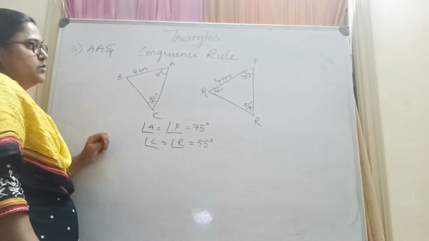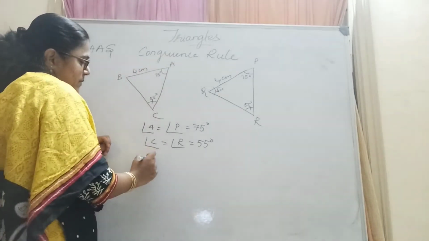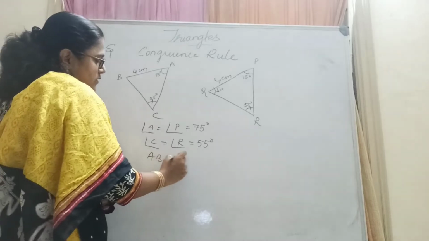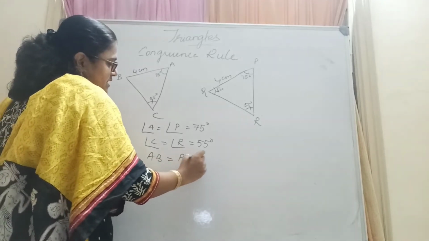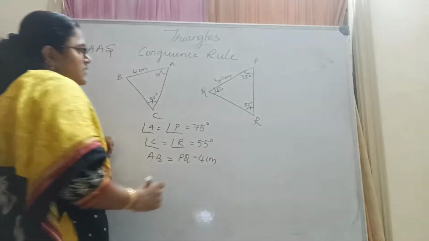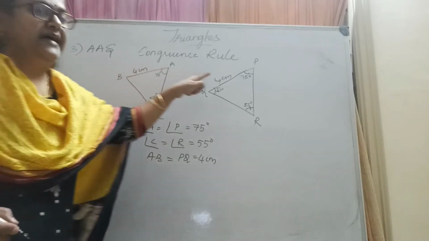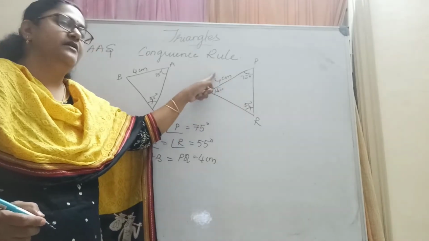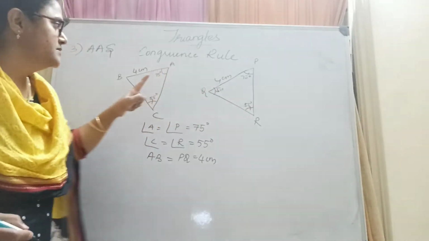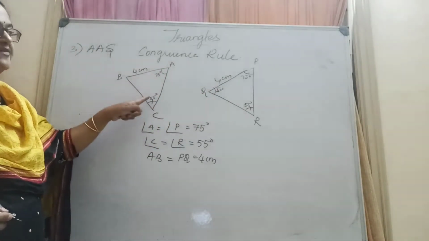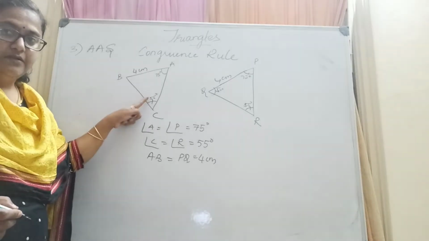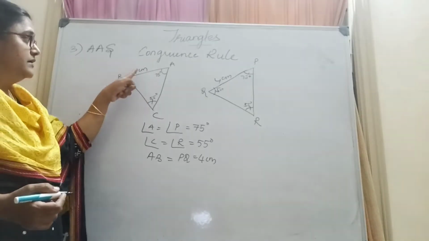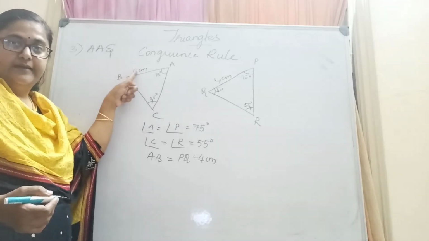Now where do you find the equal side? AB is equal to PQ is equal to 4 centimeters. Randomly one side is taken. They are not included. My angles are here, but I have taken some other side, right? Similarly, here also my angles are here, which I have taken into consideration for proving the congruence, but my side is taken randomly.